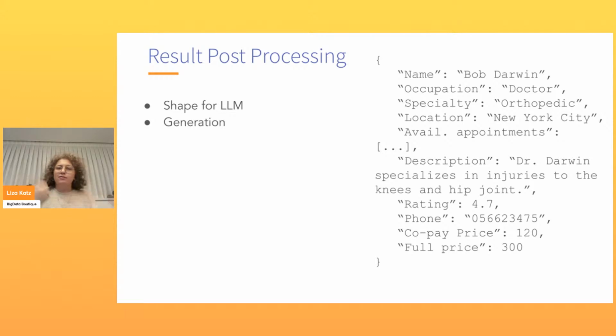Now we have a lot of documents, could be user information, insurance policy information, doctor information, and we need to actually generate an answer for the user's question because he doesn't want to sift through all the documents that we just retrieved.